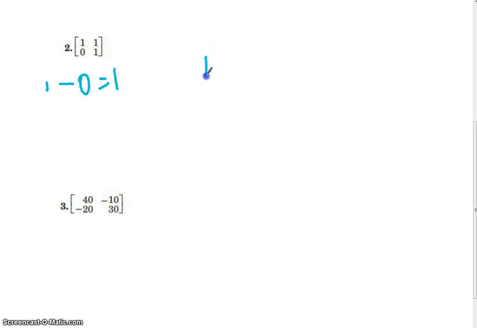So that means your fraction is going to be 1 over 1 times, and this is where you have to use your formula. Go back over here and label these A, B, C, D. And then looking at your formula, it's going to be D, negative B, negative C, A. So D is 1.